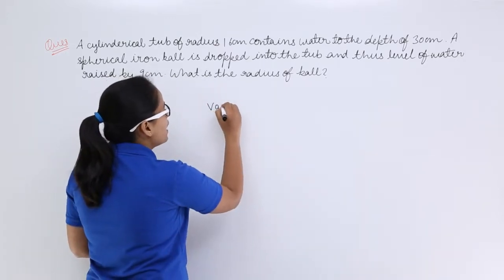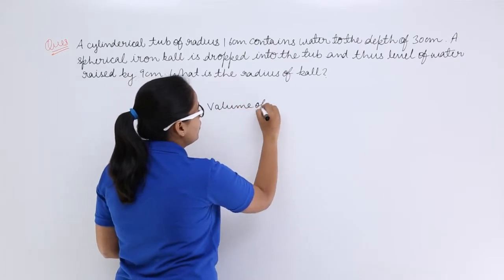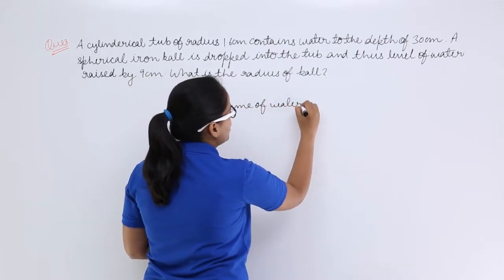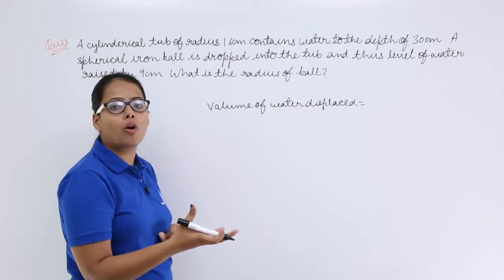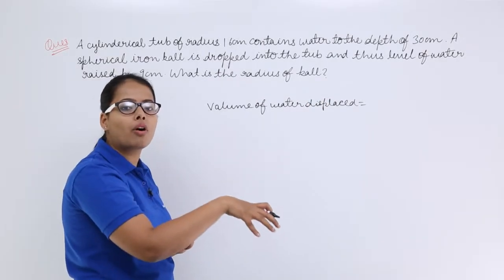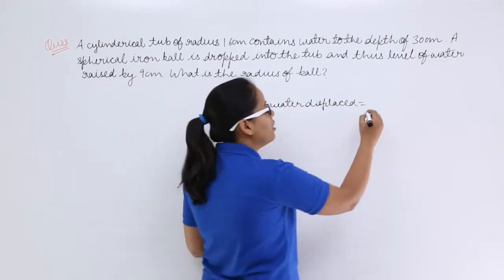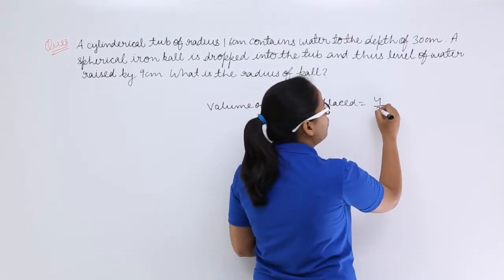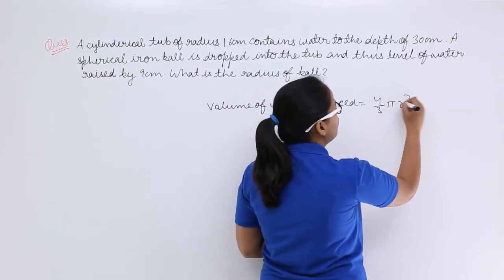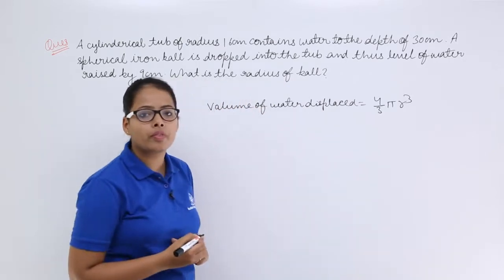The volume of water displaced by this spherical ball when you immerse it into the cylindrical vessel is equal to the volume of the spherical ball, which is 4/3 pi r cube.